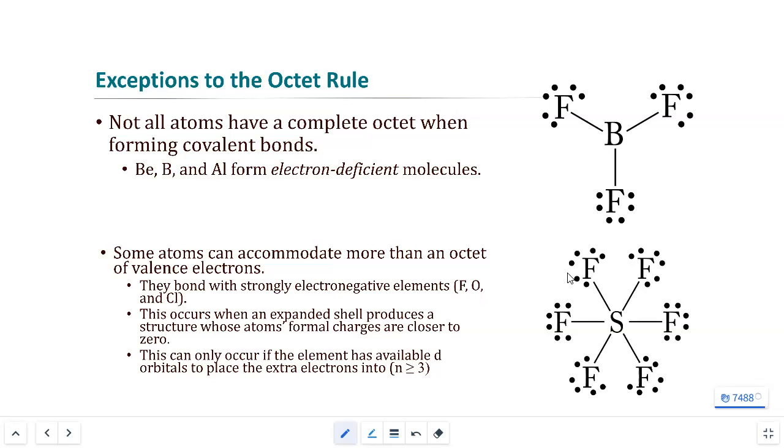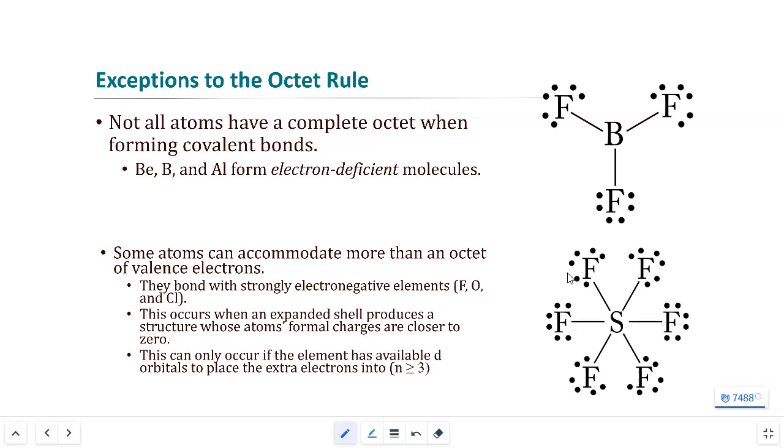There are a couple of rules for this. First of all, you can only do an expanded octet if you are an element that is in the third row or below. So substances like carbon, nitrogen, oxygen, they can't break the octet rule.